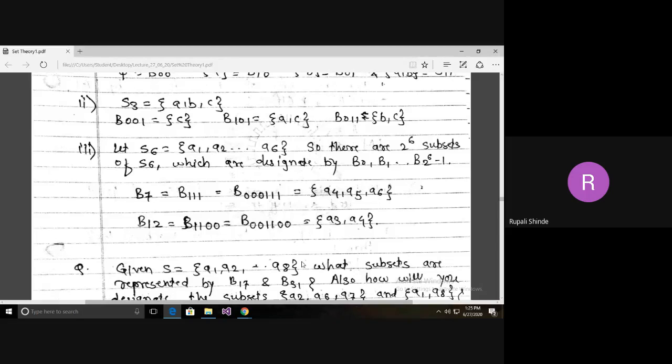Okay, first of all tell me what is the procedure, how can we find out? Find the binary representation of 17 and the binary representation of 31.